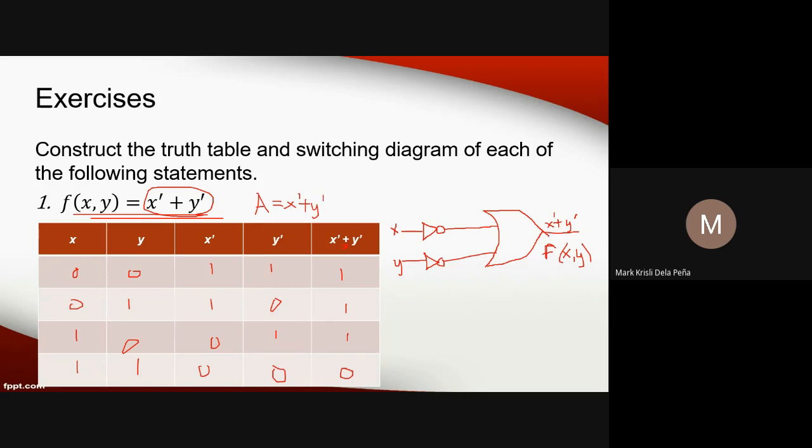So you can just label it as A, as long as you know that A is x prime or y prime. So this is how we create the truth table and especially the switching diagram for a given expression.